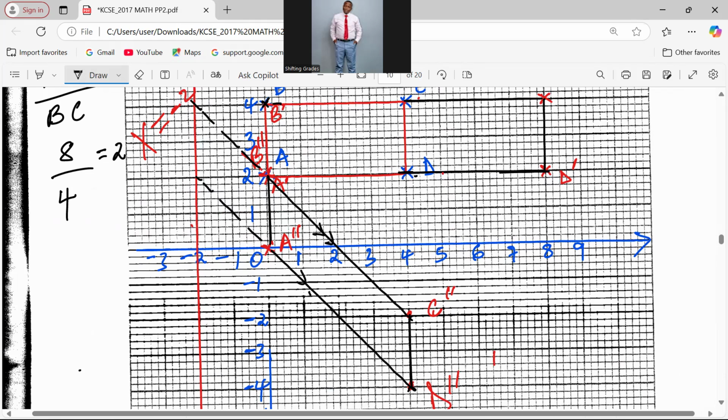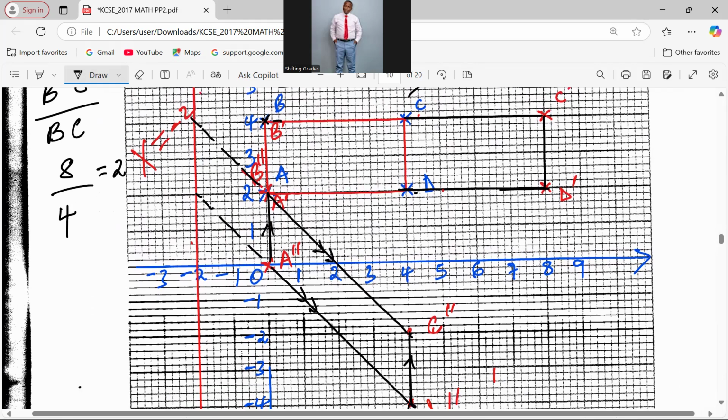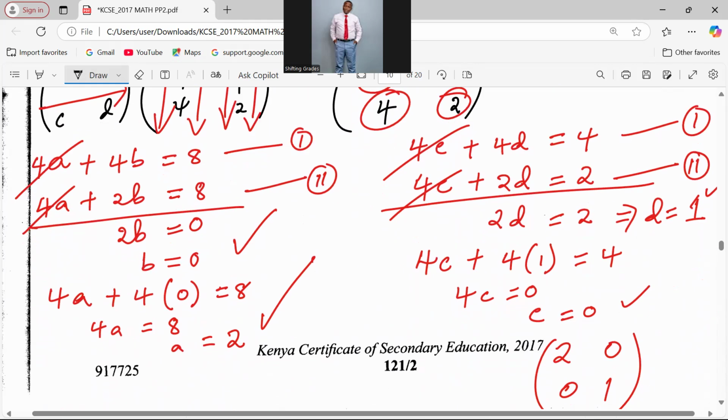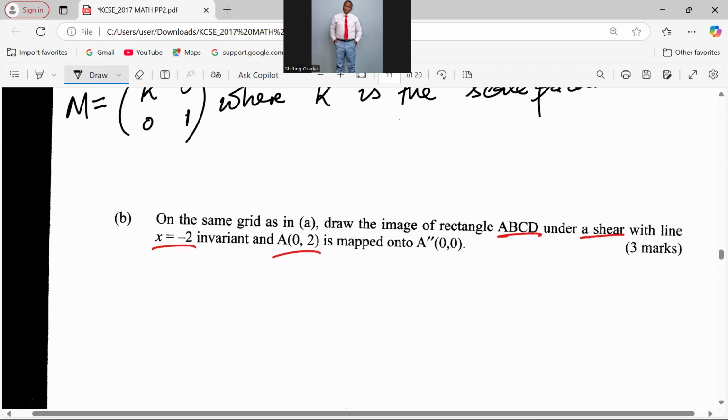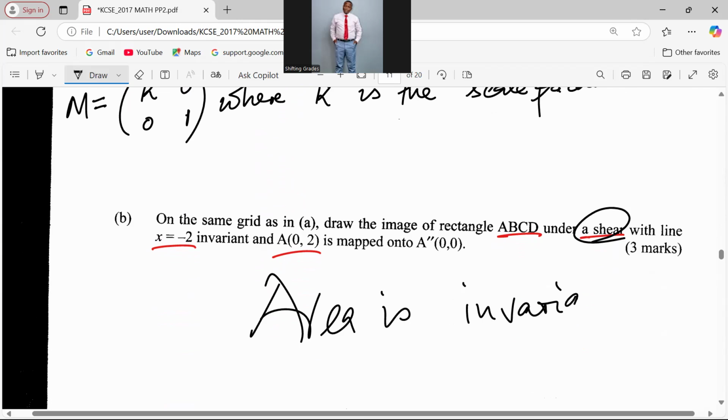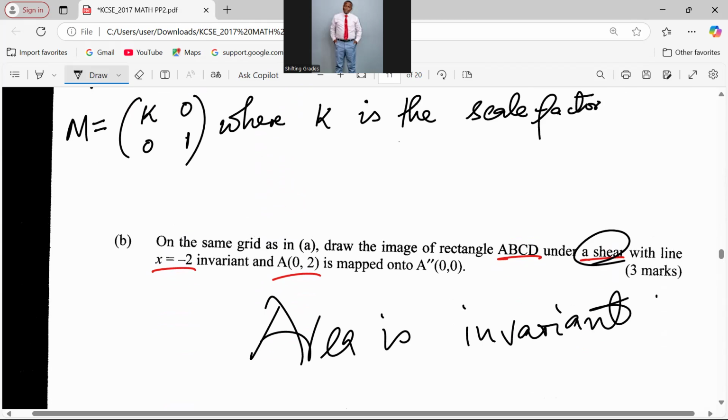This line and this one are parallel. This one is also parallel to this one. And the area is invariant. So what you should ensure is that during what we call a shear, area is invariant.